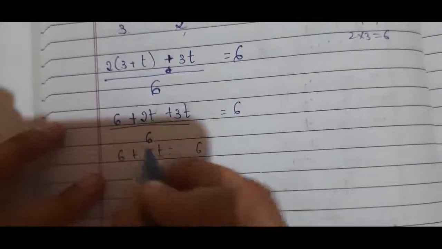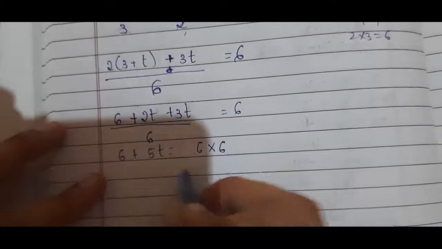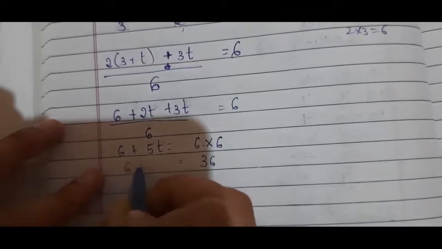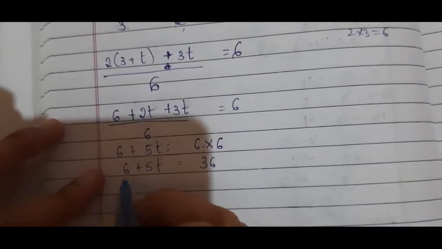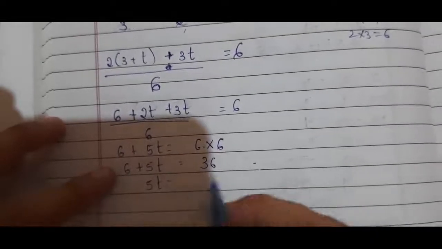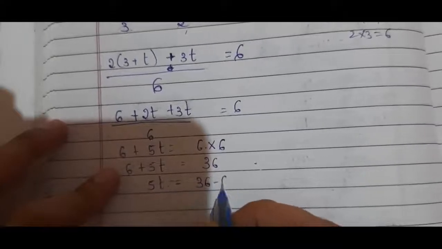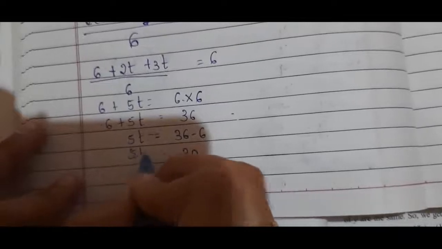When 6 goes to the RHS part, it gets what here? Multiplication. That is 6 into 6, 36. So 6 plus 5t equals 36. Okay. Next, I am sending 6 to the RHS part. It gets what? Minus. Here positive, when it goes to the RHS part, minus. 36 minus 6 will be 30. 5t equals 30.